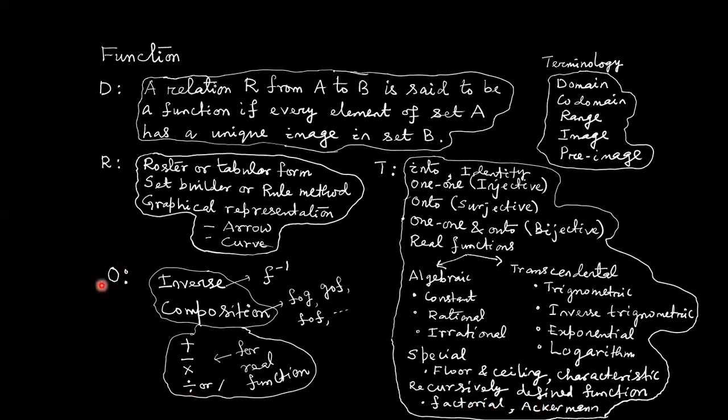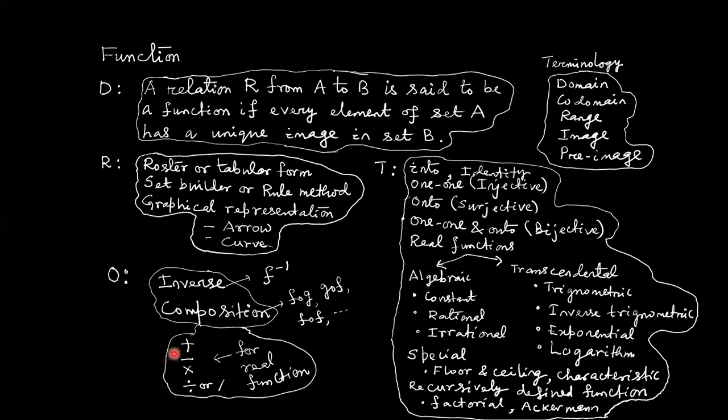Then we have operations on functions. One is inverse operation, and another is composition of functions. The inverse function is denoted as F inverse, and compositions like F composition G, or G o F, or F composition F. If F and G are two functions, then the composition can be symbolized like this.